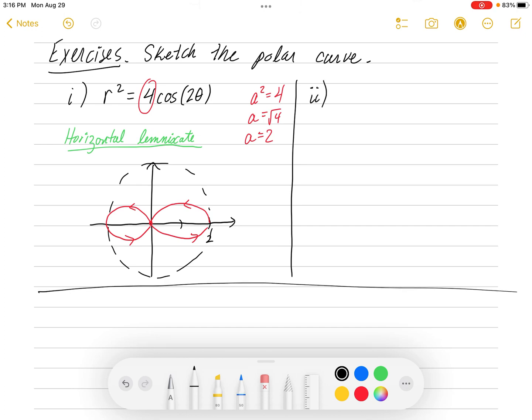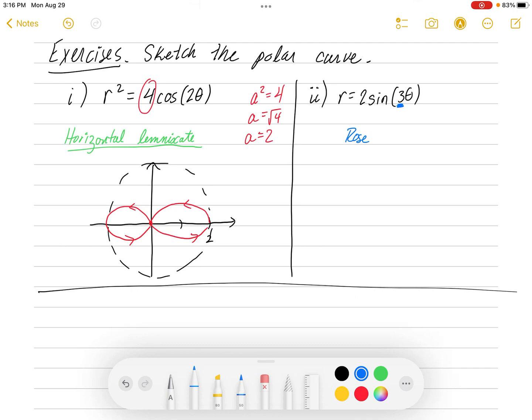Here's number 2. Let's say we have r equals 2 sine of 3 theta. So keep in mind that when you have the sine of a number times your angle, this is going to be like a rose. It's a sine rose.